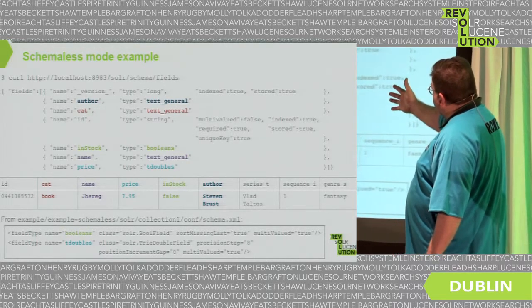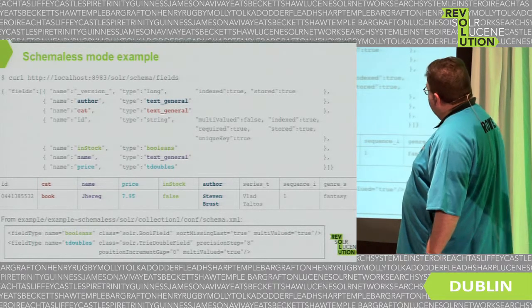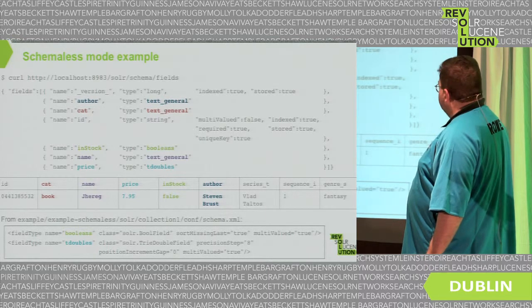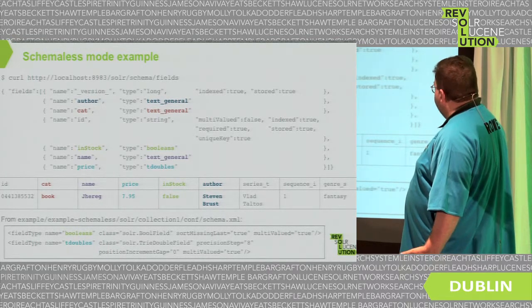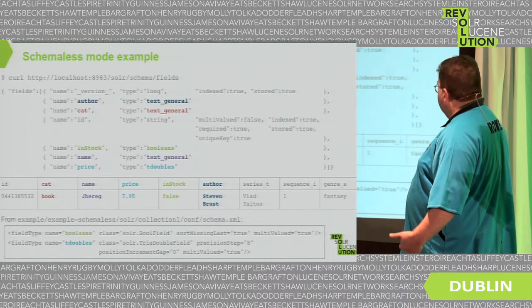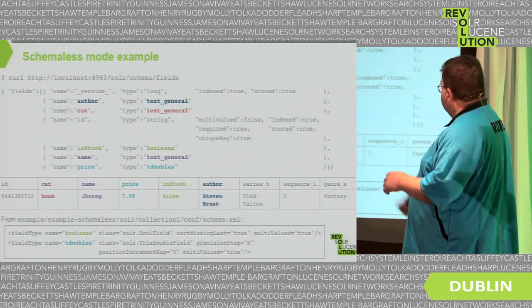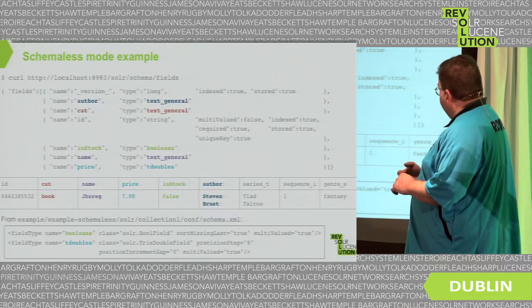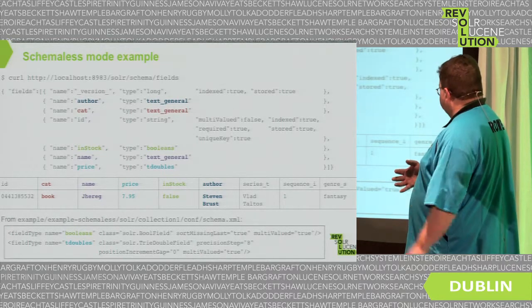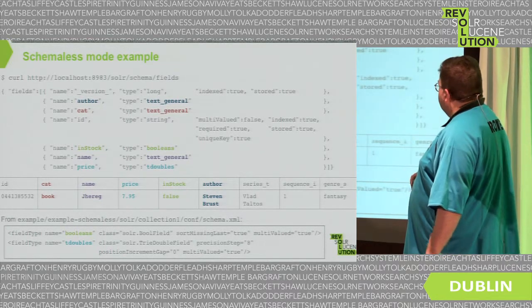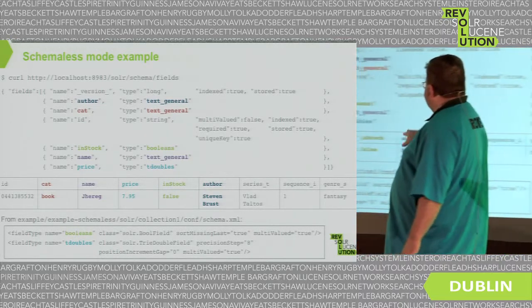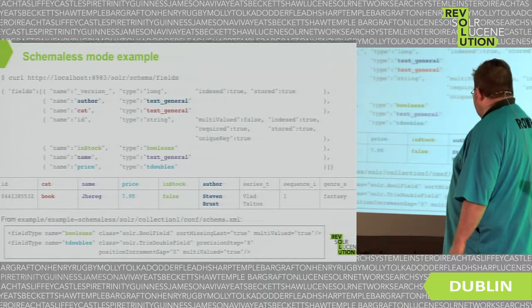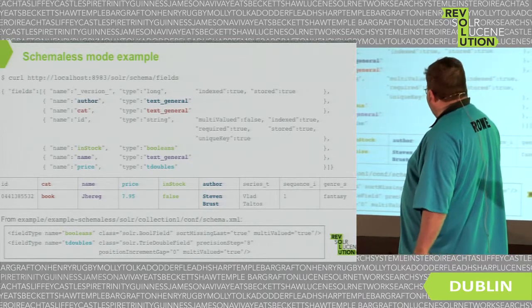So the stuff in the different colors than gray are the ones that have been auto-detected. So author, cat, and name were not detected as either of the 2 numeric types or as Boolean or as date. So they were given the default field type of text general here, and I'll show where that gets configured later on.